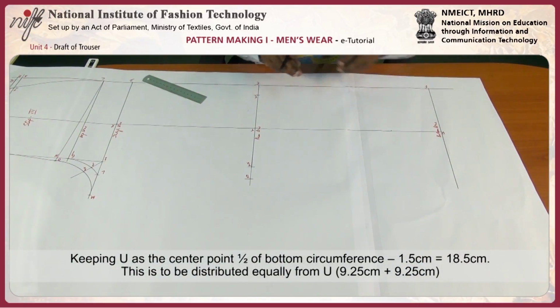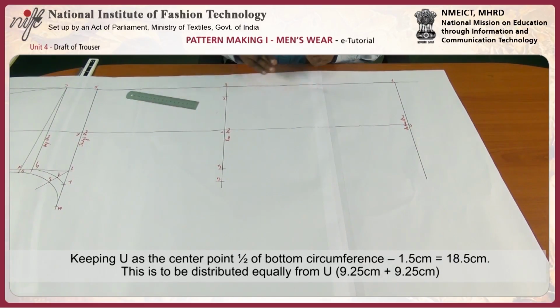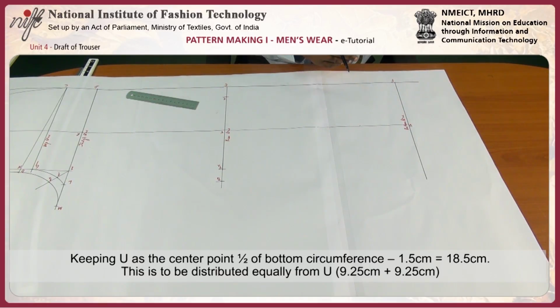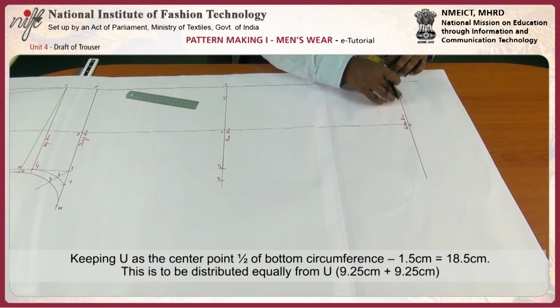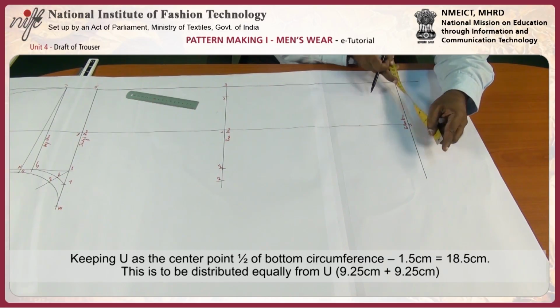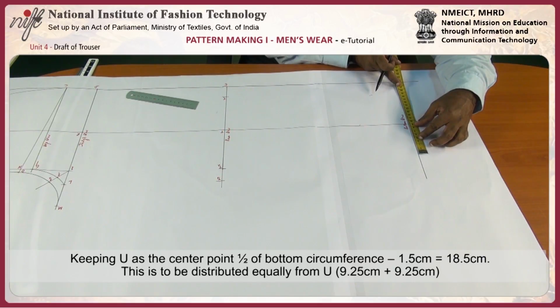Moving to point U as a center point, half of bottom circumference minus 1.5 centimeter, which will be 18.5 centimeter, to be distributed equally from point U. So 18.5 centimeter will be 9.25 centimeter.